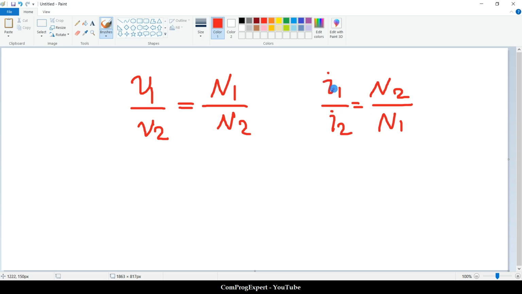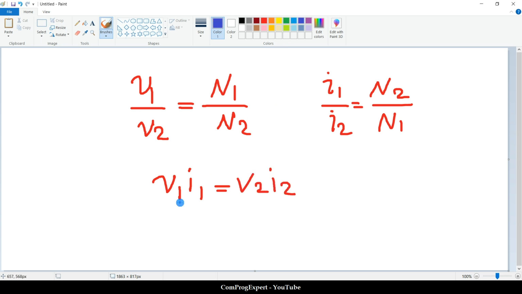The coil with a lower current must have a higher number of turns. So if we multiply these two fractions, we will have this equation: V1 I1 is equal to V2 I2.